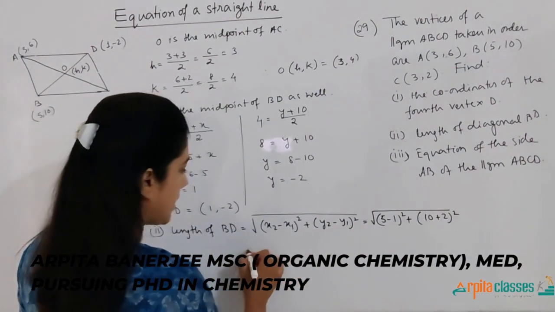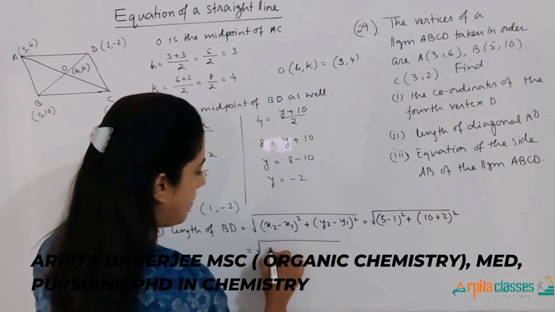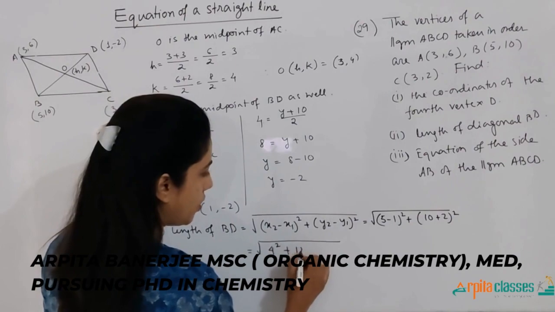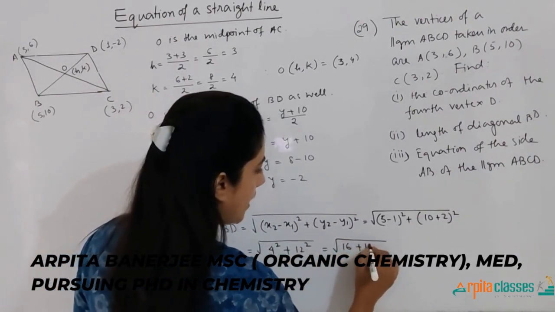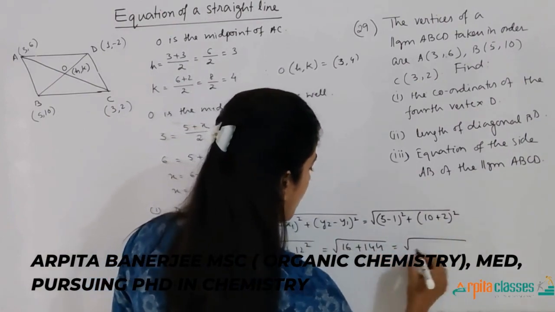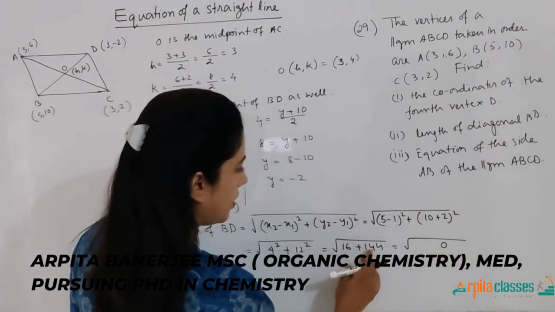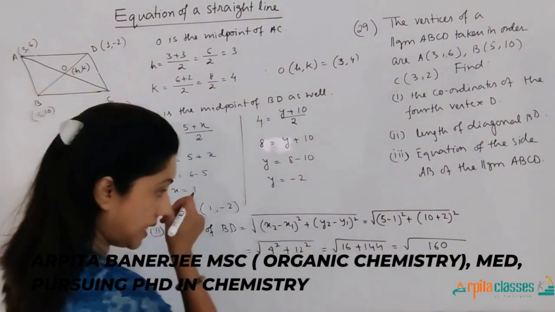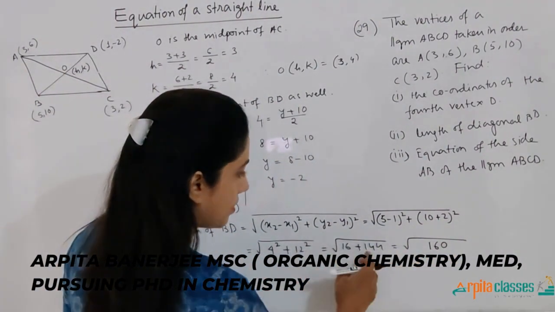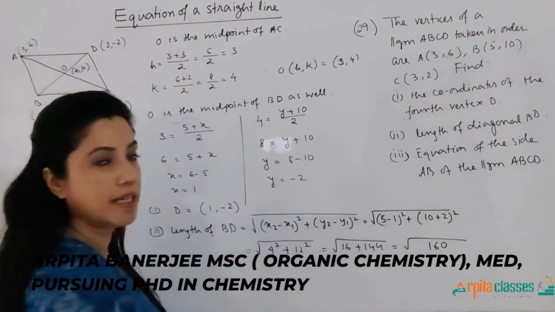So let us calculate this now. Under root, 5 minus 1 is 4, square, plus 12 square. So 4 square is 16 plus 144, which is 160, I guess. Yes, 160.